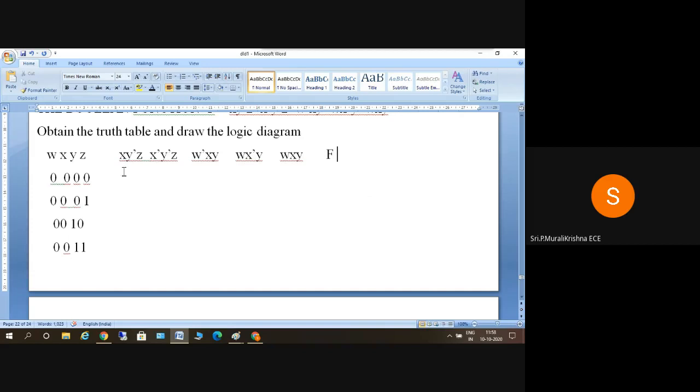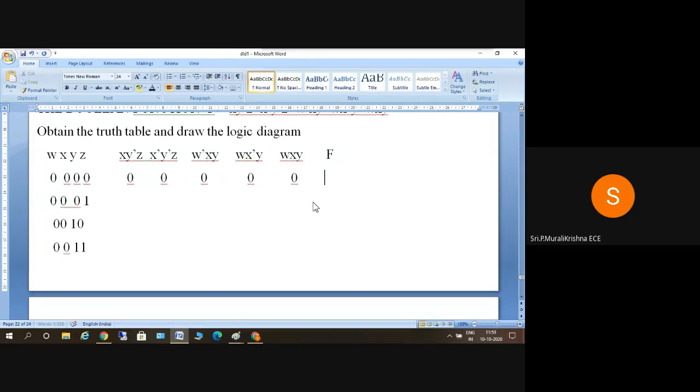Okay. So substitute these values. For example, for this one, what is the value of x here? X is 0, y bar is 1 here, and z is 0. So 0 into anything is 0. I'll get a 0 here, and here also I'll get a 0, and here it is a 0.